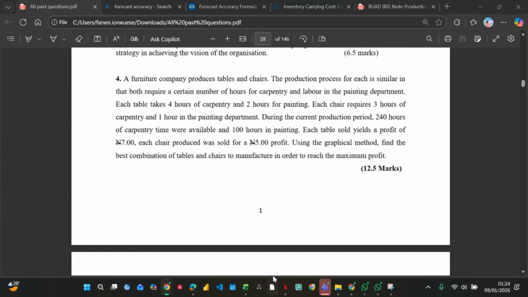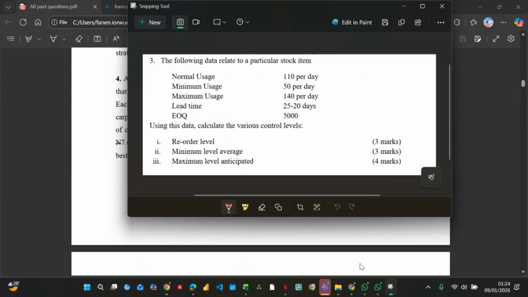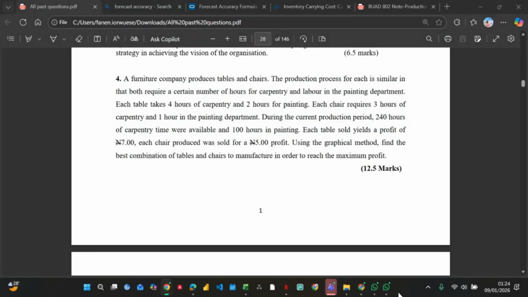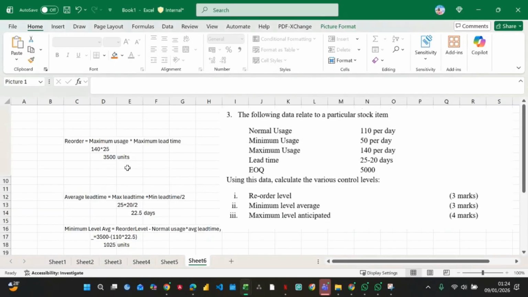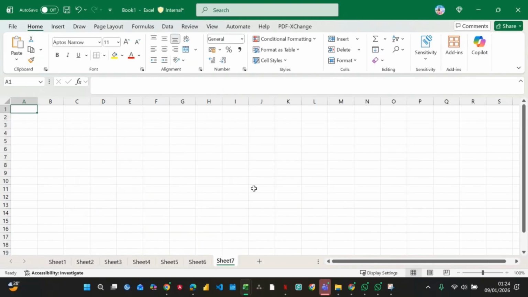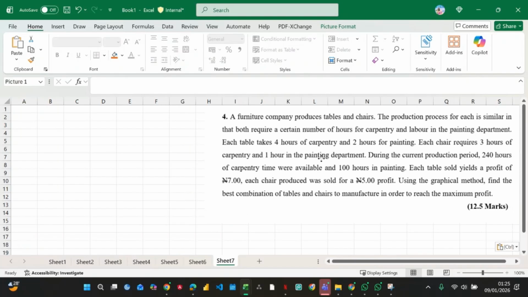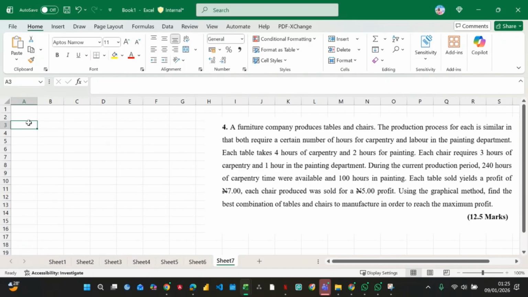Now, like I said, our first constraint is the carpentry department. Let's just copy the question and solve it. Our X is for tables, and our Y is for chairs.